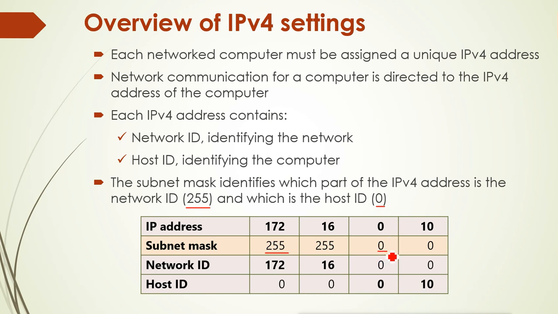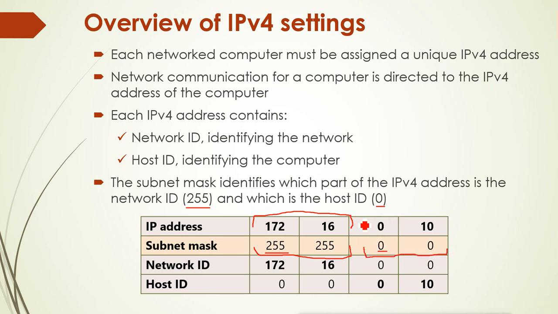So the subnet mask defines what is the network part. Like 255, that means it is the network part. So the IP address which we are seeing here, this is the network address. It is a network part. And the 0 of the subnet mask defines that this is the host address.